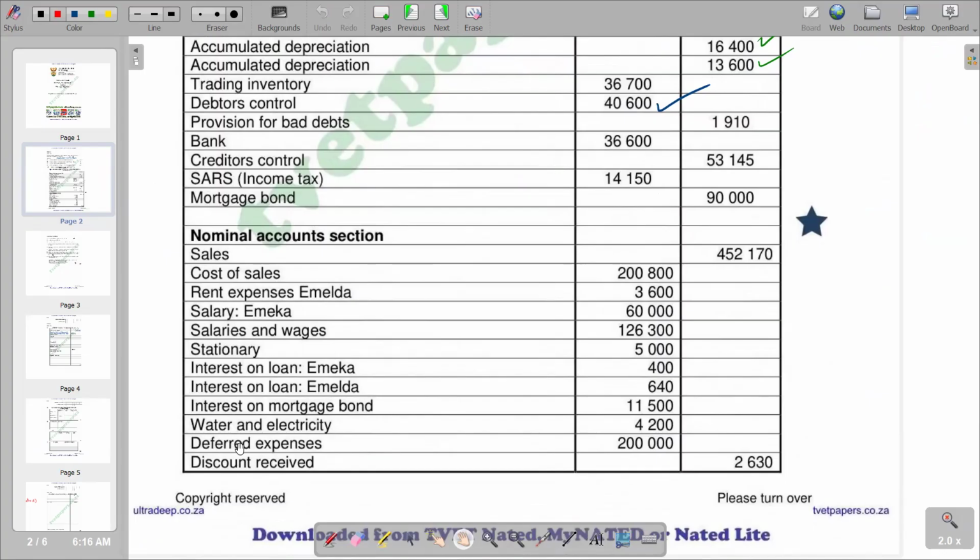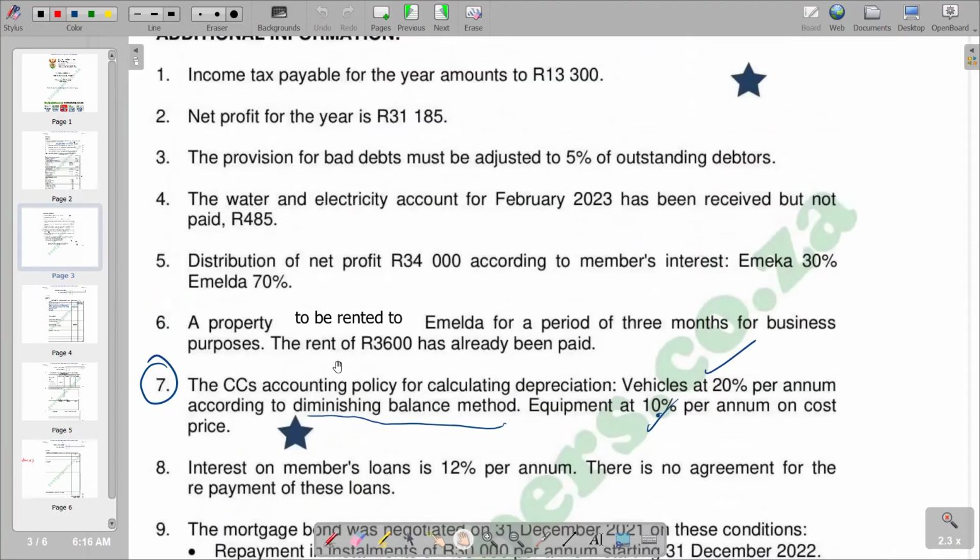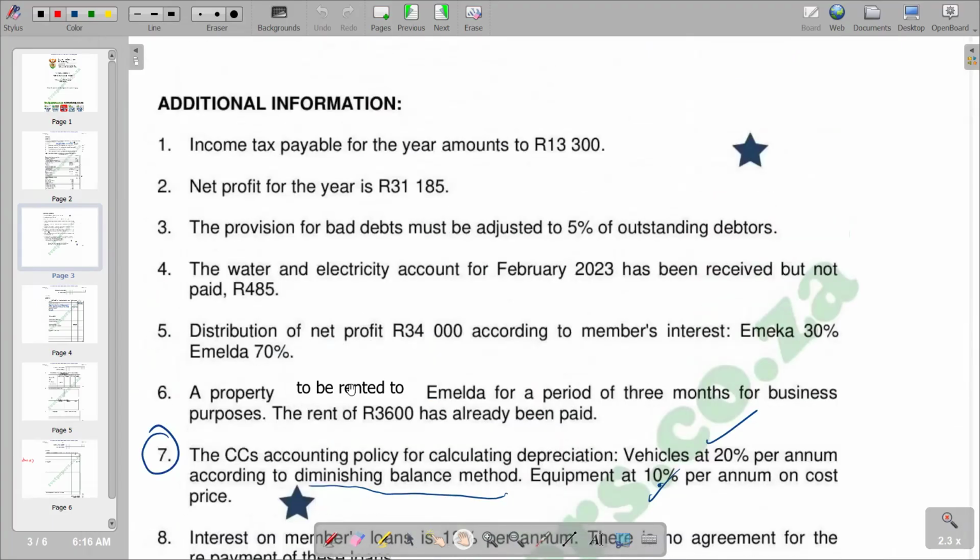Remember, we have deferred expenses here, which is also part of our current assets, but we're going to enter it separately. Then we check in the additional information. What do we have?